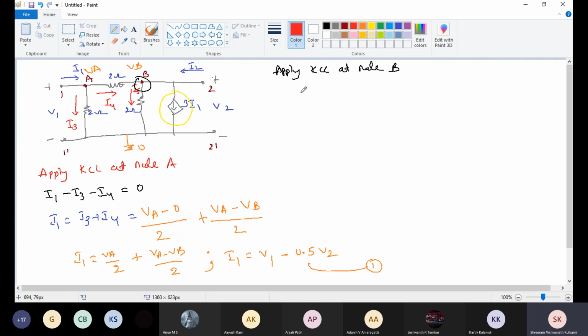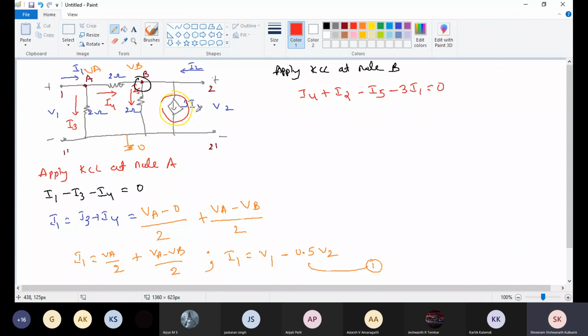I4 plus I2 minus I5. One more current is there: the dependent current source 3I1. This is leaving the node, so minus 3I1 equals to 0.